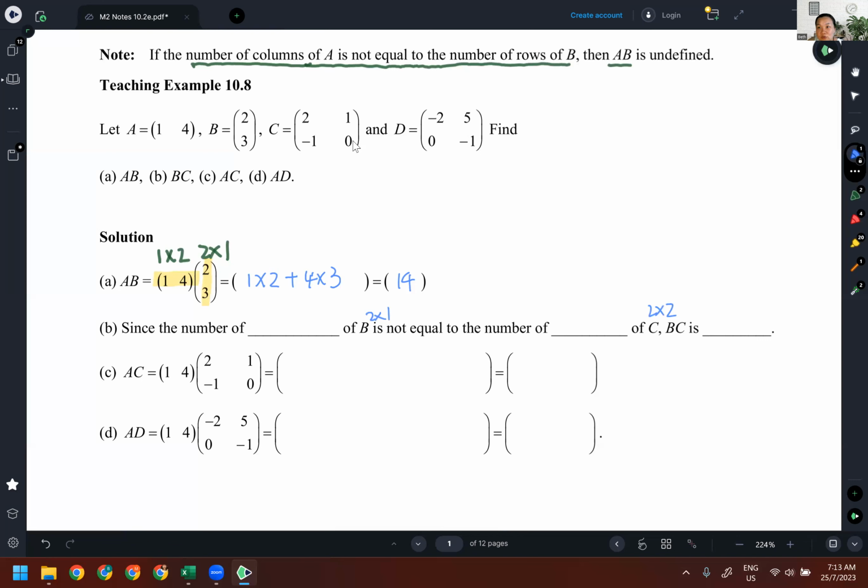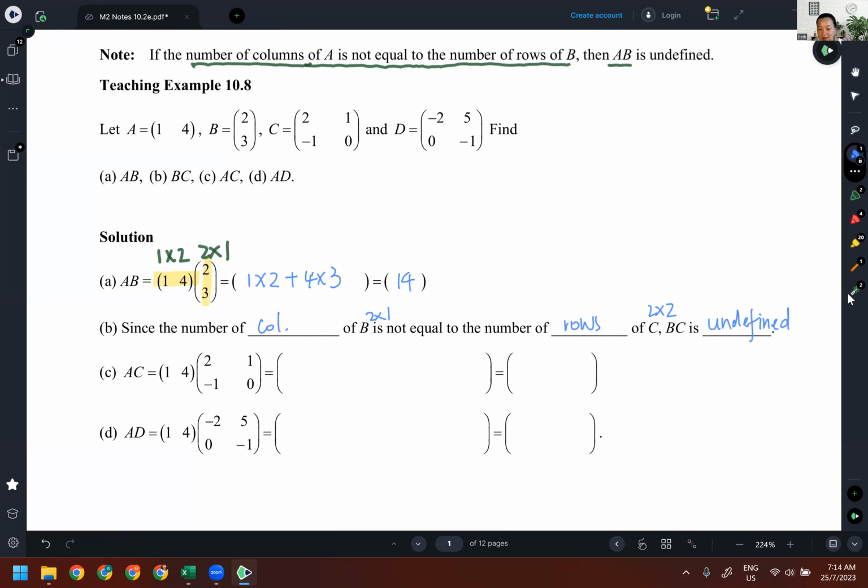In this case, they do not match, meaning the number of columns of B is not equal to the number of rows of C. Therefore, BC is undefined. Now, we don't even try. I think as soon as you find out the sizes do not match, then you do not proceed. Simply say this is undefined.